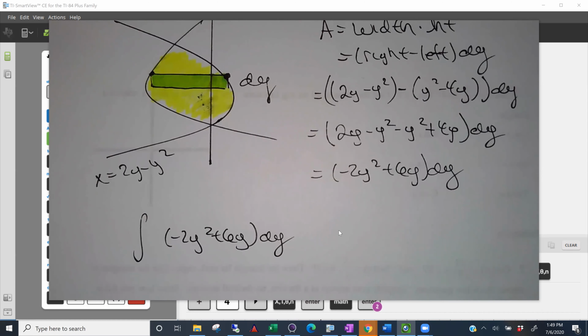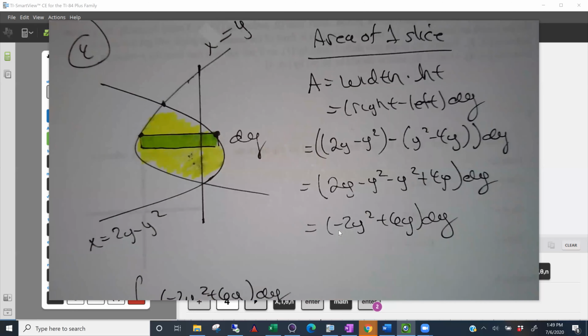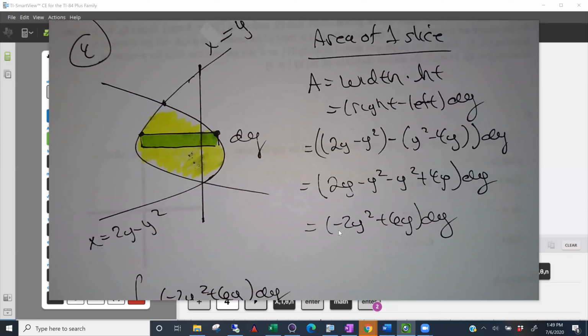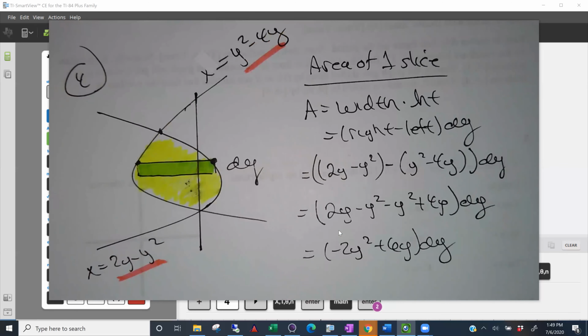But the question becomes, well, okay, where do we integrate from and to? And the book provides a partial answer here because they give you the coordinates of this point of intersection. Now, that's something I expect you to be able to find. What you would do is you would set this expression equal to that expression and solve.